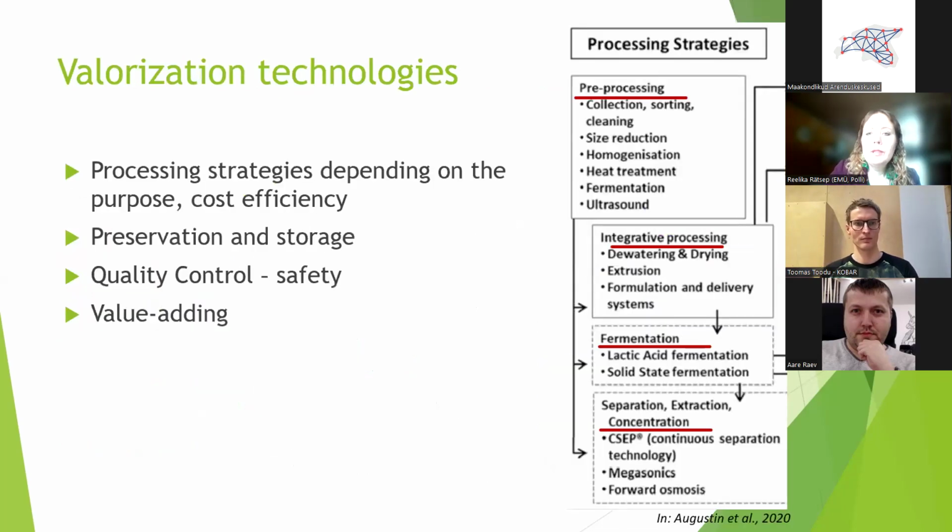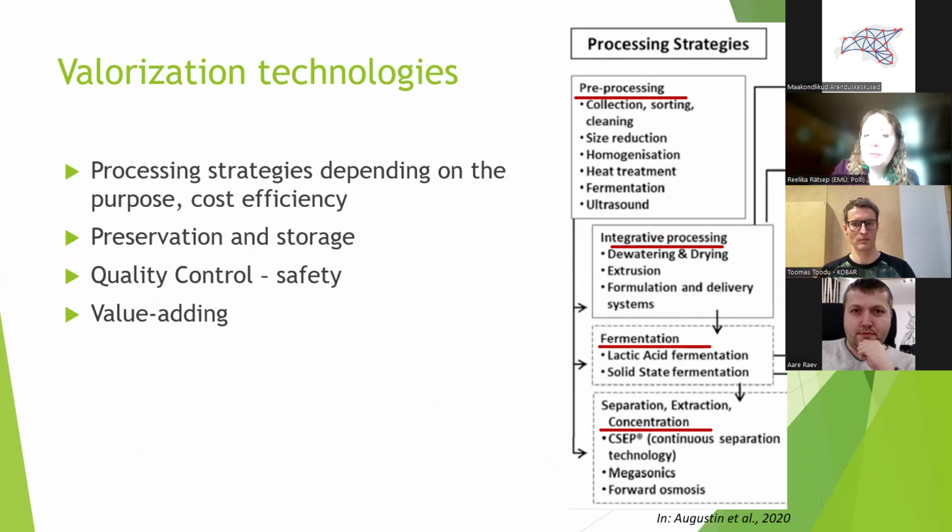So when we look into the processing strategies that we could use for the biomass valorization, then we need to choose the strategy in relation to the purpose that we want to use this material for. And we need to calculate the cost efficiency, and we need to take into account the characteristics of the material that we are using.